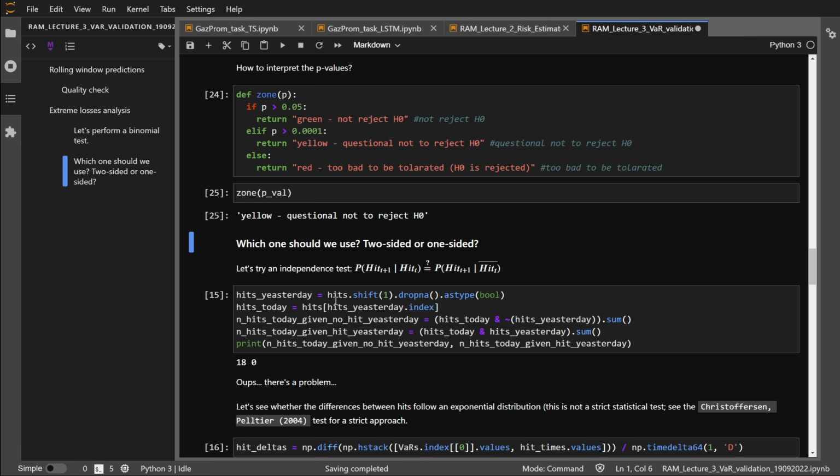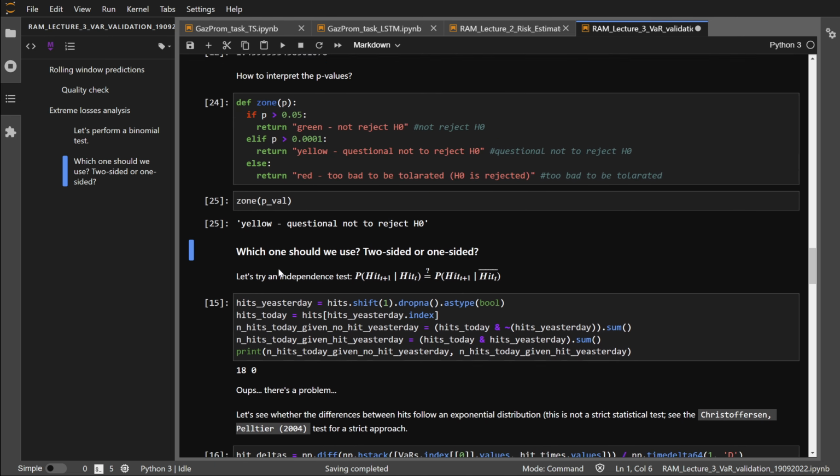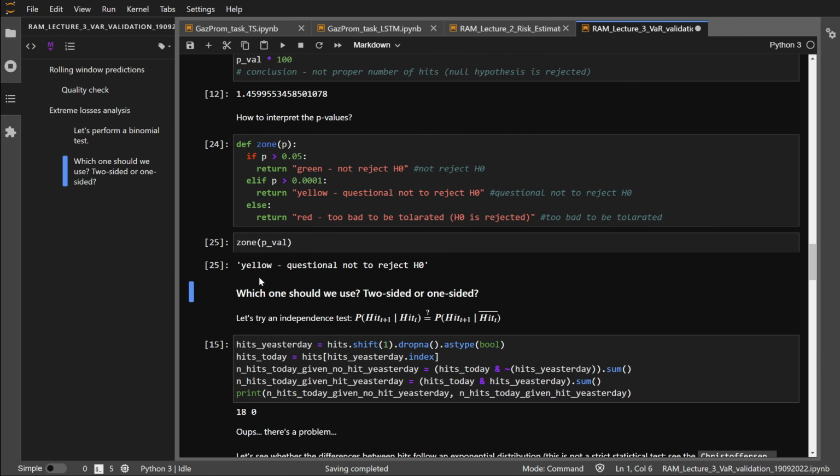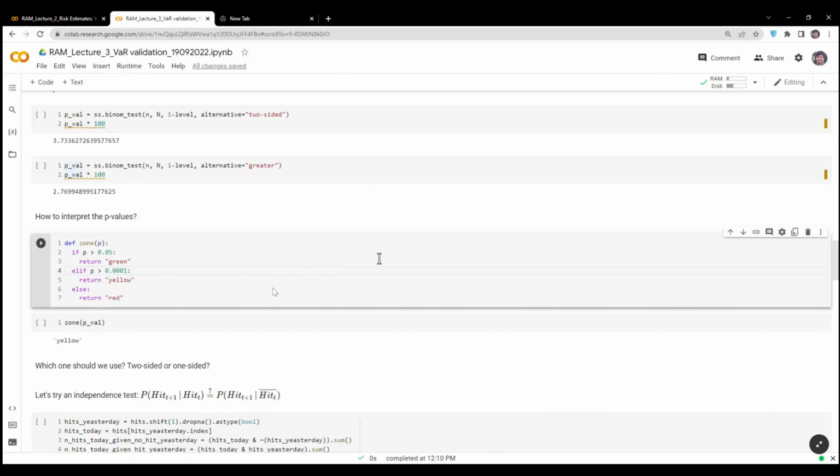So if the test produces a pretty high p-value, at least higher than the specified probability of type 1 error, we accept the model and accept the correctness of the null hypothesis.